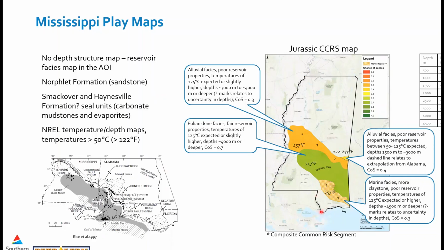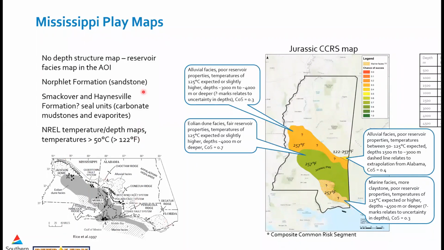I didn't mention that before, that the area of interest for Mississippi is actually the state boundary, because all the sediments are present in there. That's not the case for the Jurassic. It's related to the Mississippi Salt Basin. It's relatively deep, but it has a high temperature.